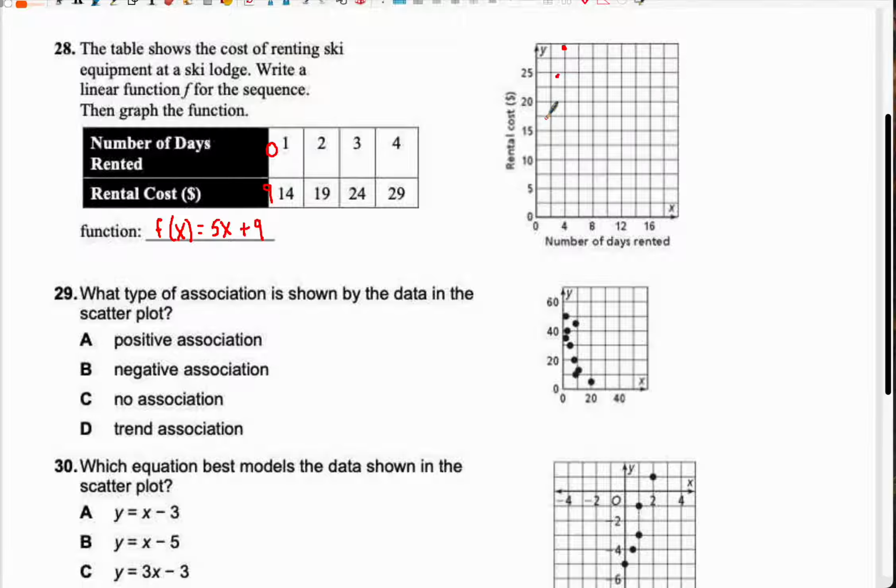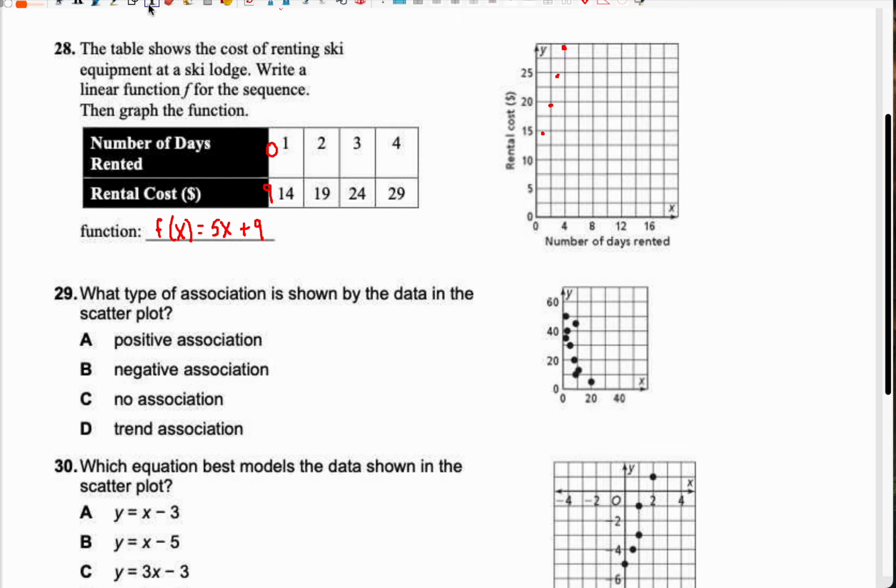And then 2, 19, 15, 19 is going to be right there, just below the 20. And 1, 14. So there's 1, 14 just below the 15, right about there.